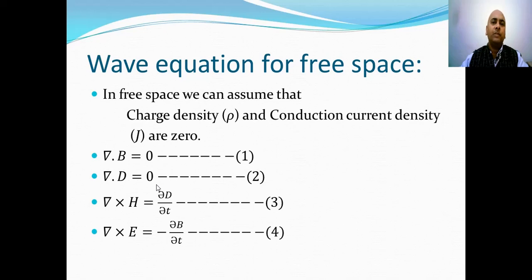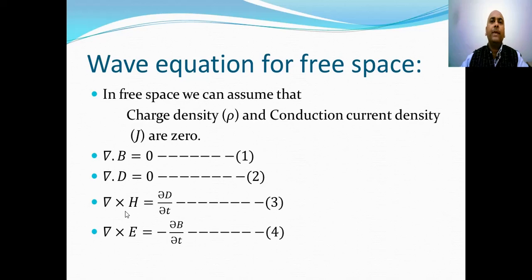However, for free space, rho is 0. So we have divergence of D is equal to 0. Similarly, by using Gauss's law in magnetostatics, we have divergence of B is equal to 0.